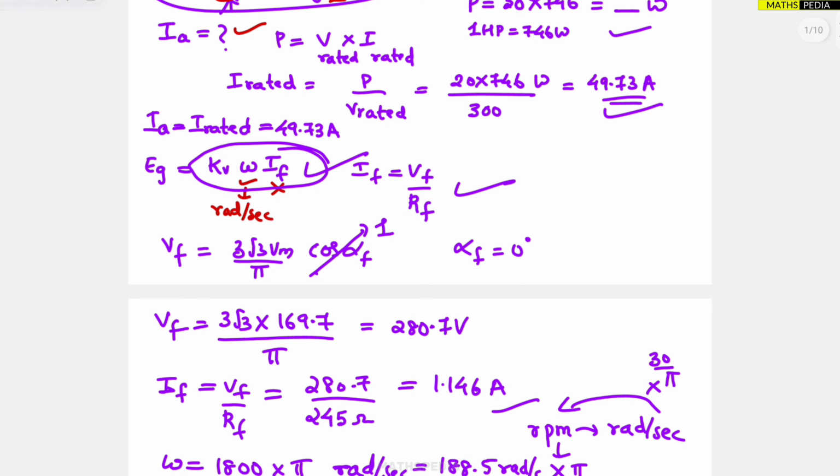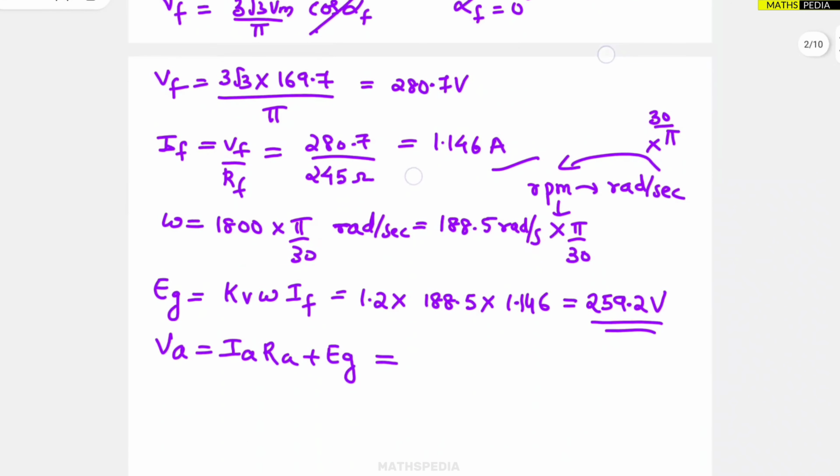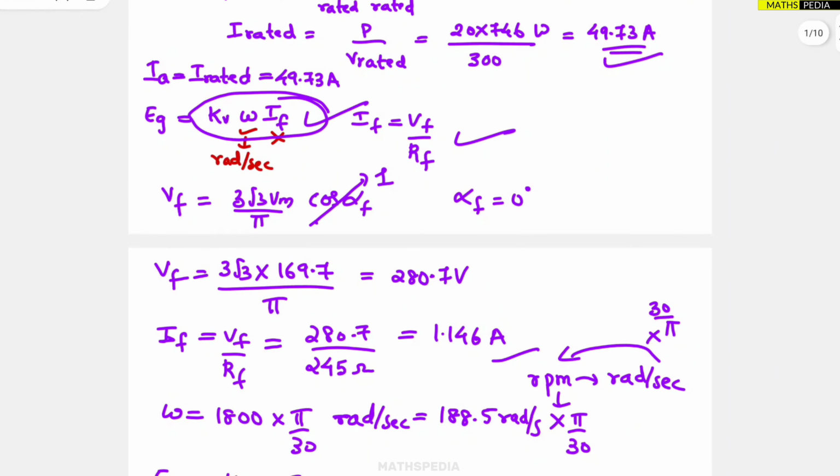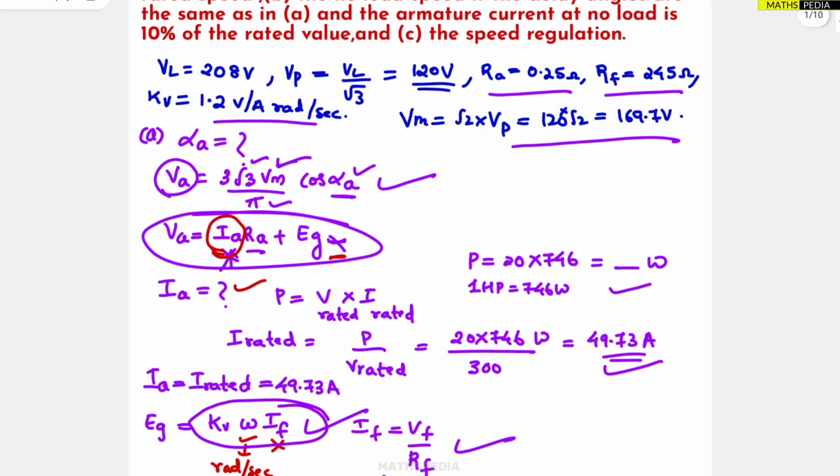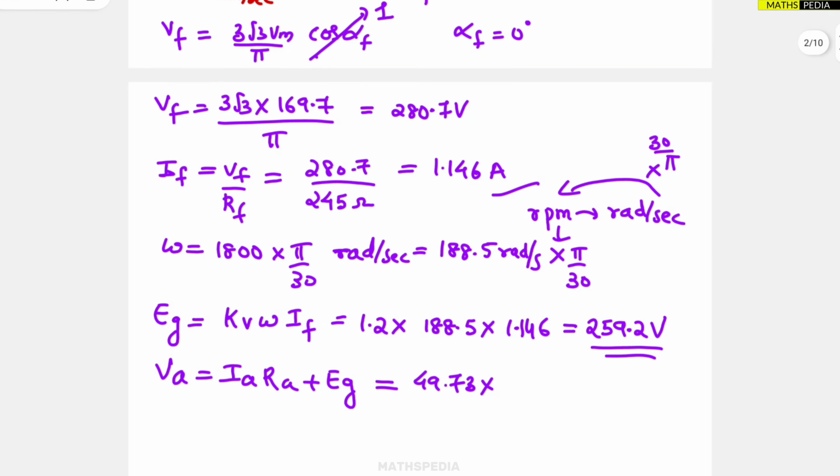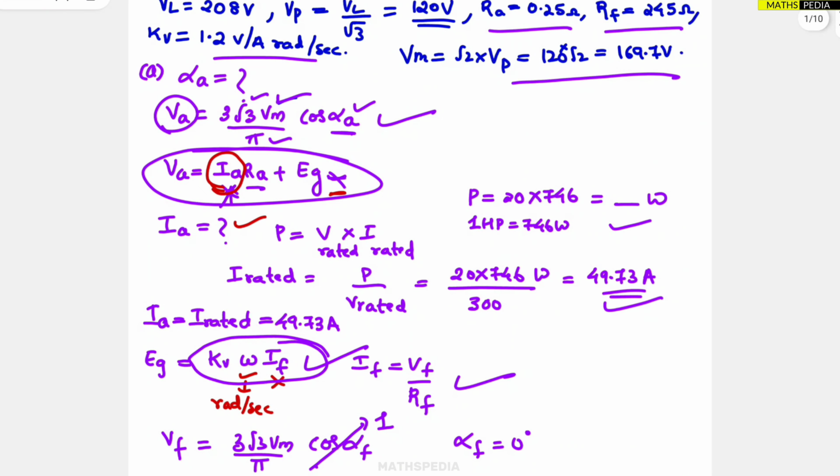So we are getting I rated the same as 49.73. 49.73 into RA, armature resistance, as we know it is given in the question, 0.25, plus EG, just now we calculated 259.2. So you'll be getting VA, armature voltage, as 271.63 volts.